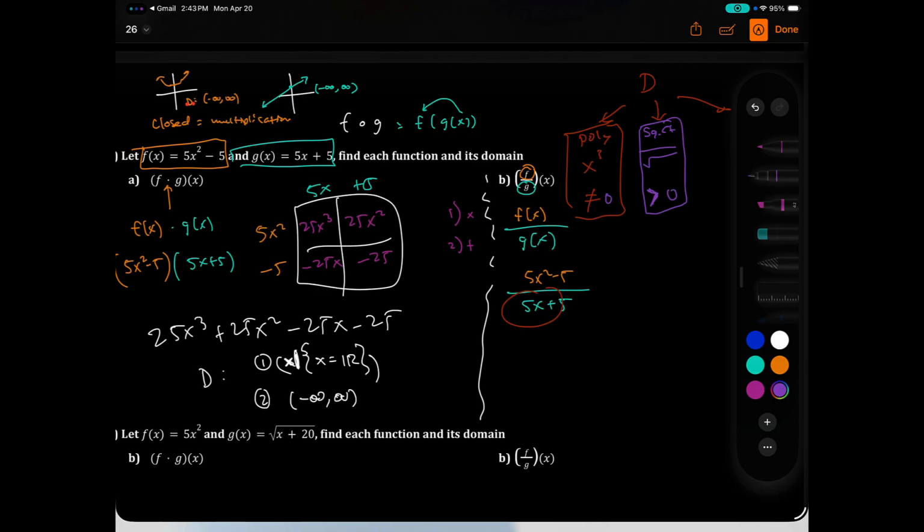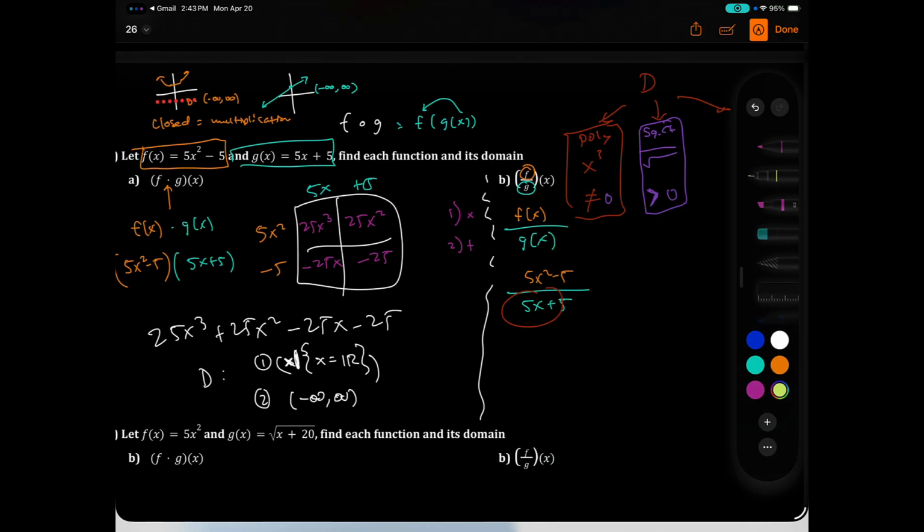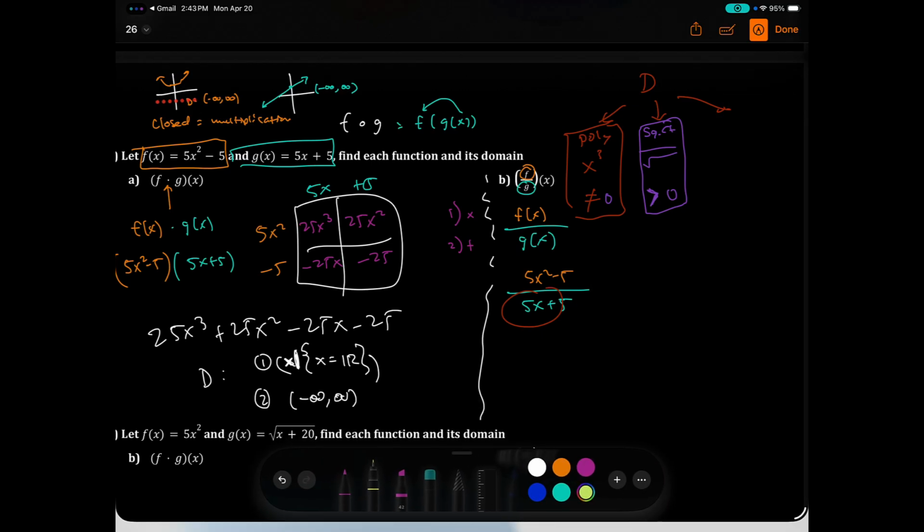So this one is not equal to 0, greater than 0, and then the last condition is if you just have no fraction and you have a square root, like this. So the difference is this one has a fraction line, this one doesn't. You're going to do the same thing. You want that number to be greater than 0, whatever's on the inside. So for the denominator, I guess it's just these two right here.